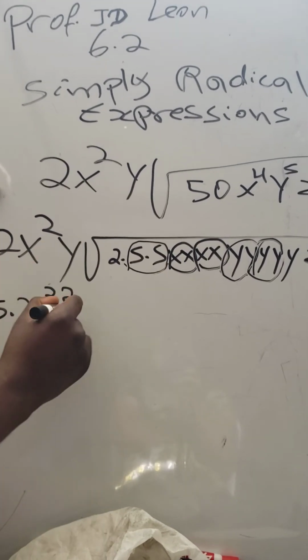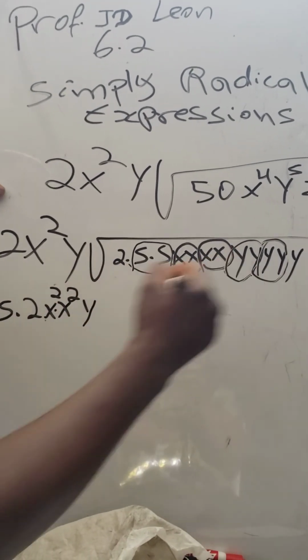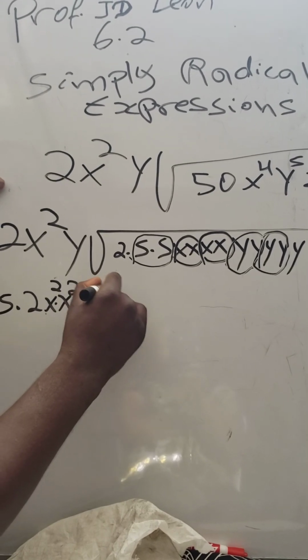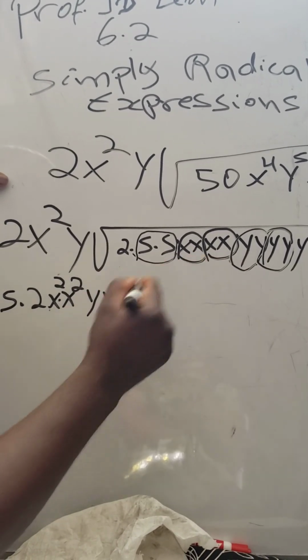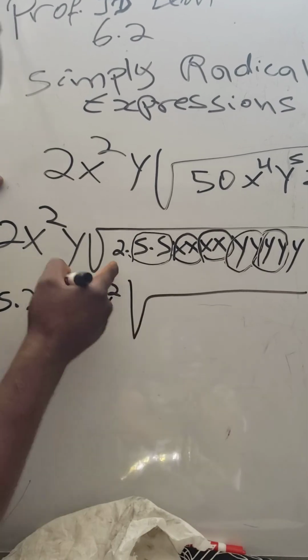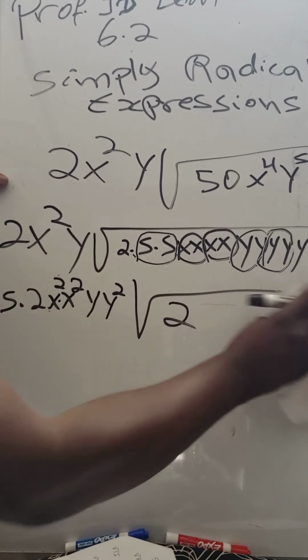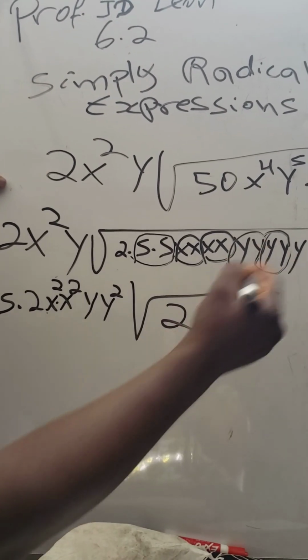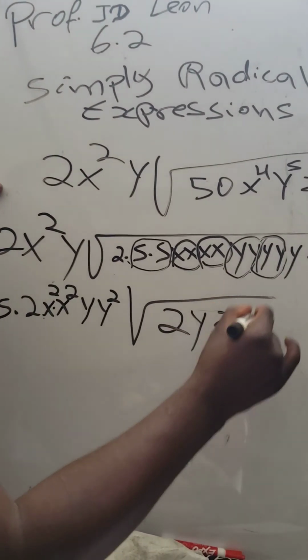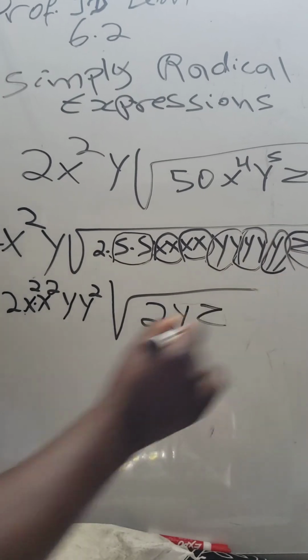And for the y, it would be y times the y squared that we're pulling out from in here. So what is left? The 2 stays inside the square root because there's nothing we can do with it. This y stays, and this z stays.